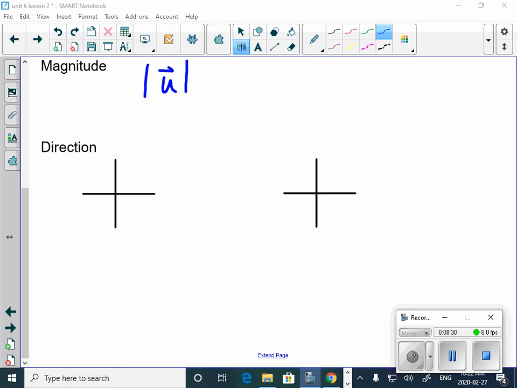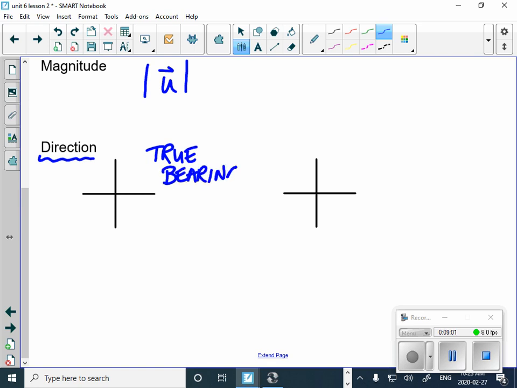Our foundation for working with vectors is going to be trigonometry because direction implies bearings and degrees and north and south and all of that sort of thing. So we need to get direction in our head. And if you need a review of some basic trig, that would be a great use of your time over the next couple of days. There are two different ways of giving a direction. Well, there's probably many, but there's true bearings, and there are quadrant bearings.